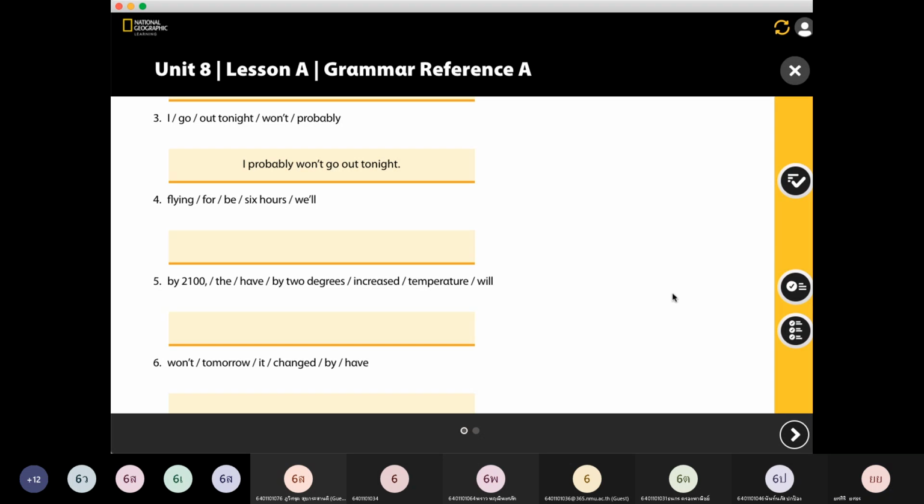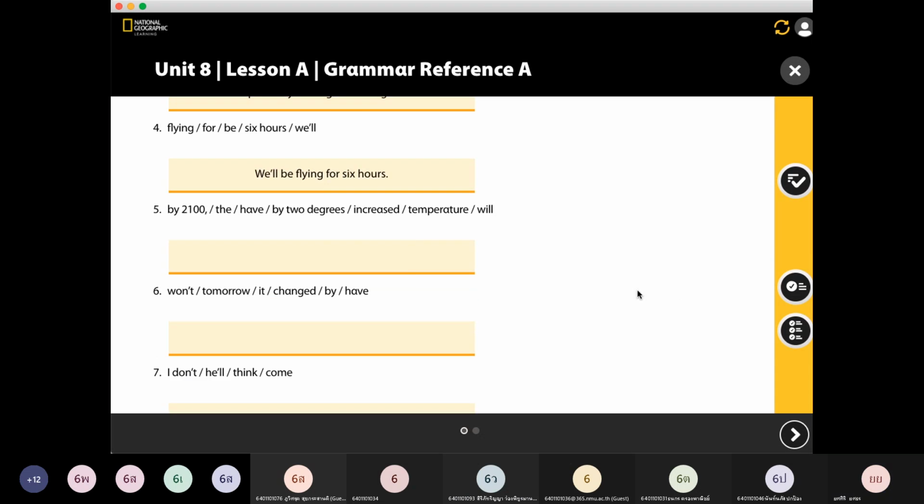Number four: we will be flying for 6 hours. Okay, we'll be flying for 6 hours.